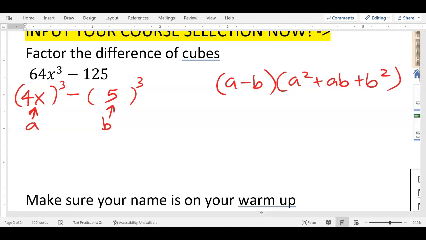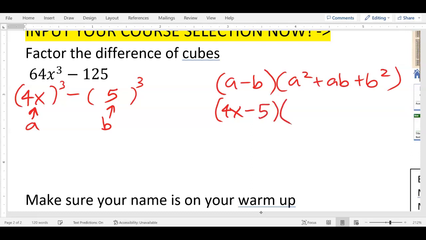Your 7.6 notes. Does everyone see that we figured out A and we figured out B? So all you got to do is replace all these A's with 4x, and replace all these B's with 5. So instead of A, what am I writing? 4x minus what? What's B? 5.